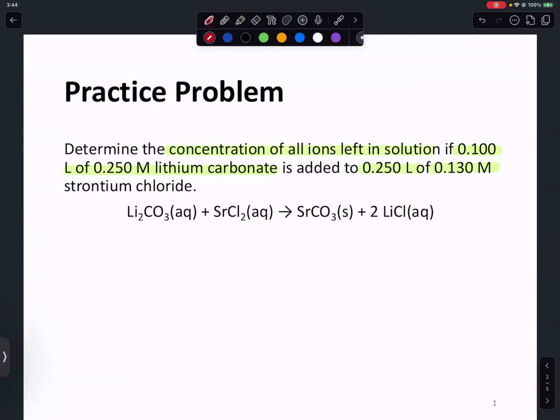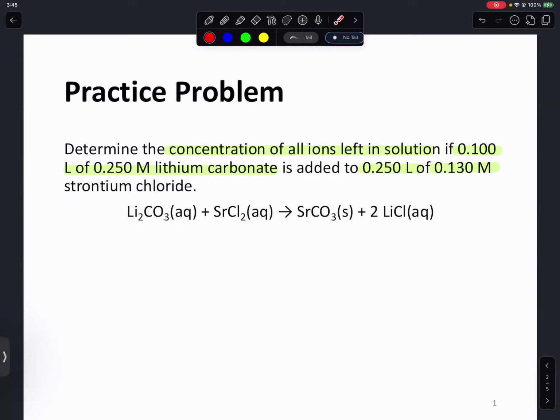Now, you are given the balanced equation. Sometimes you're not, so you're required to write it. In this particular problem, the balanced equation is given to us; we need to write the total ionic equation and the net ionic equation.